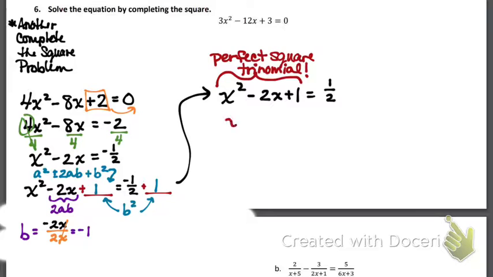When it factors, it's going to be x minus 1 times another x minus 1. So that is x minus 1 squared. That is exactly what I wanted to happen. It should factor to be something times itself. That is our goal when we are completing the square. We had to figure out what that value was that would finish that off. All right, and that is equal to 1/2.